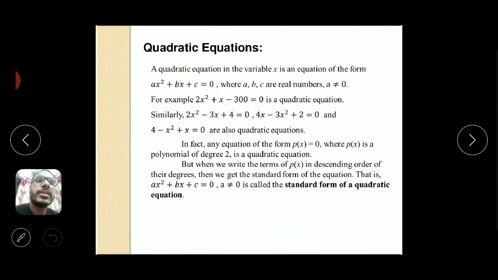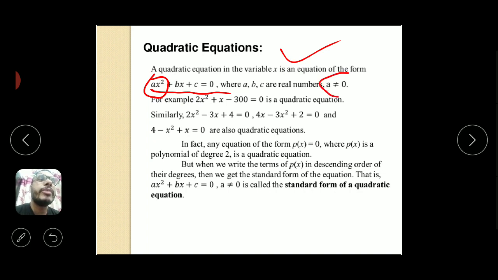Moving to the next part of it, quadratic equations. A quadratic equation in the variable x is an equation of the form ax square plus bx plus c equals to 0, where a, b, c are real numbers and a is not equal to 0. If a is equal to 0, this particular product will be 0, so that becomes a linear equation, bx plus c equals to 0.